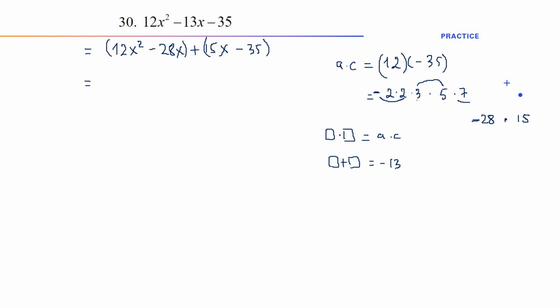So in common of 4x, we are left with 3x minus 7, plus 5 in common, we are left with 3x minus 7. Now 3x minus 7 is a common factor. We take it out. What is left inside is 4x plus 5.